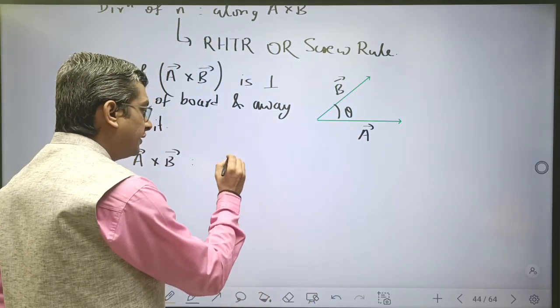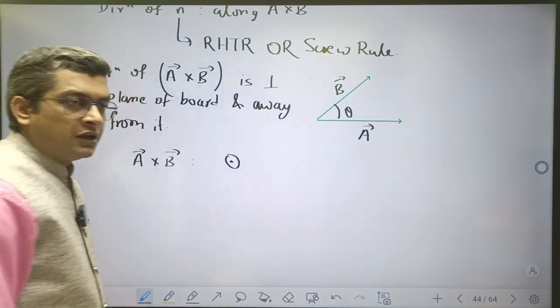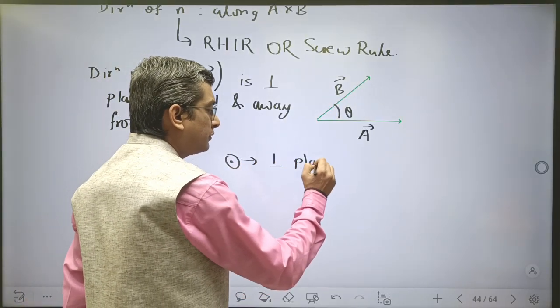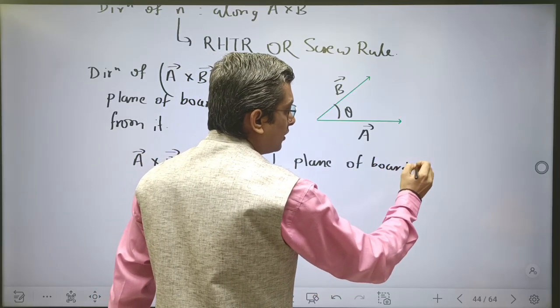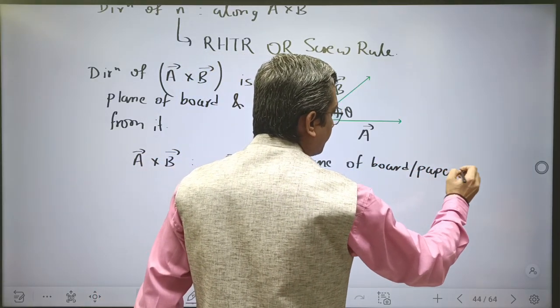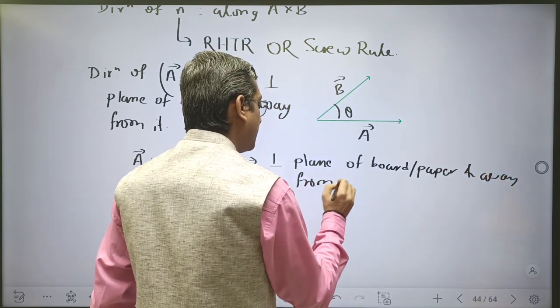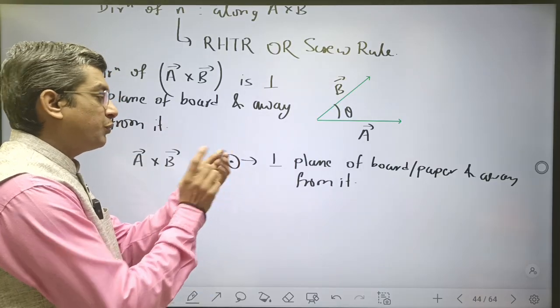We will represent it this way, putting a dot inside the circle. So this direction is perpendicular to the plane of the board or paper and away from it. It is like an arrow approaching towards you, so you are looking at its pointed end.